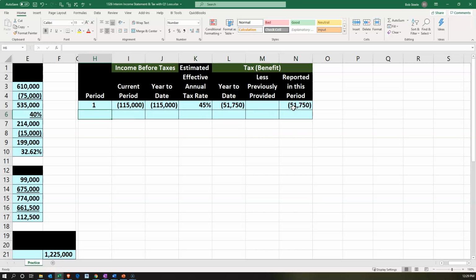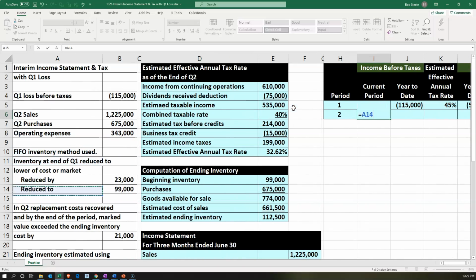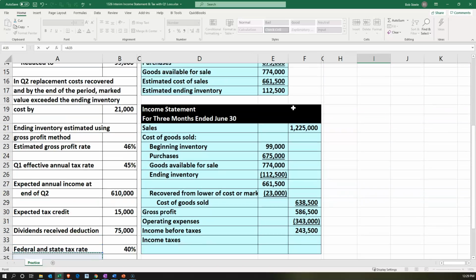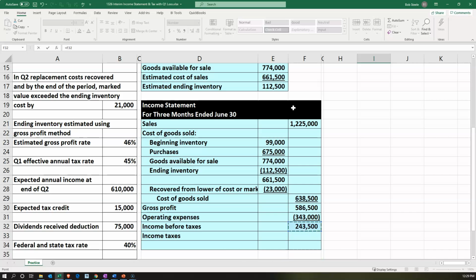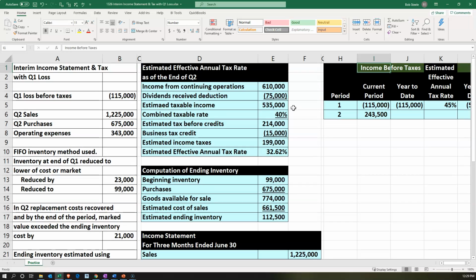And then in Q2, what happens now? Well, now we're saying that we had the taxable income, or the income before taxes, that we just calculated at the $243,500. And if we were then to take into consideration the prior period, we would say this is year to date, equals the current 243.5 plus the negative 115 above it.